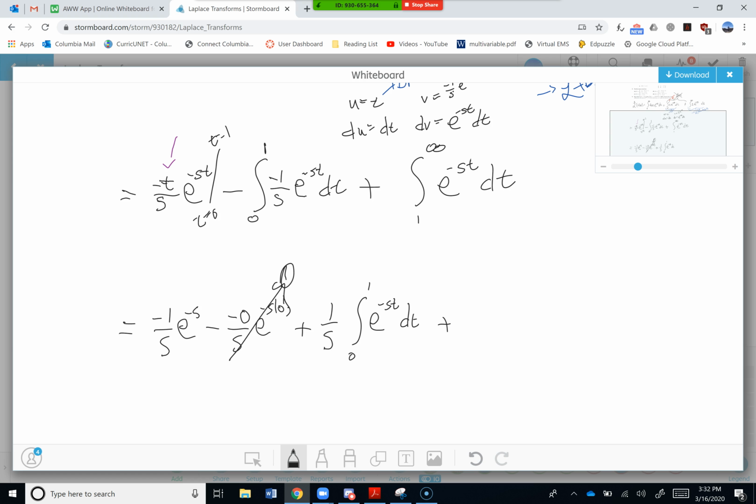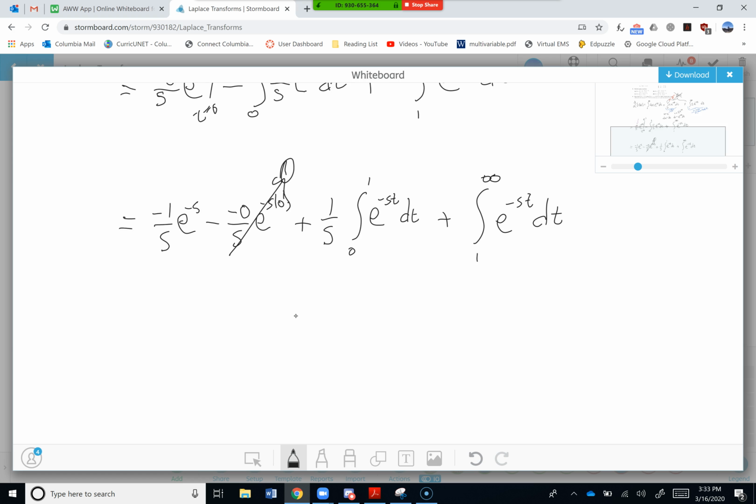And then I have plus still the integral from 1 to infinity of e to the minus st dt. Everybody good with that? Yep. Okay.